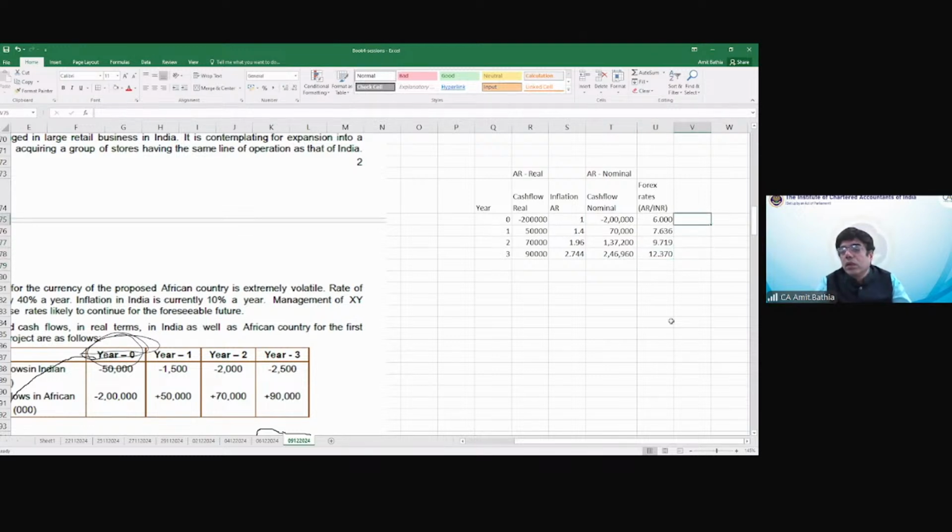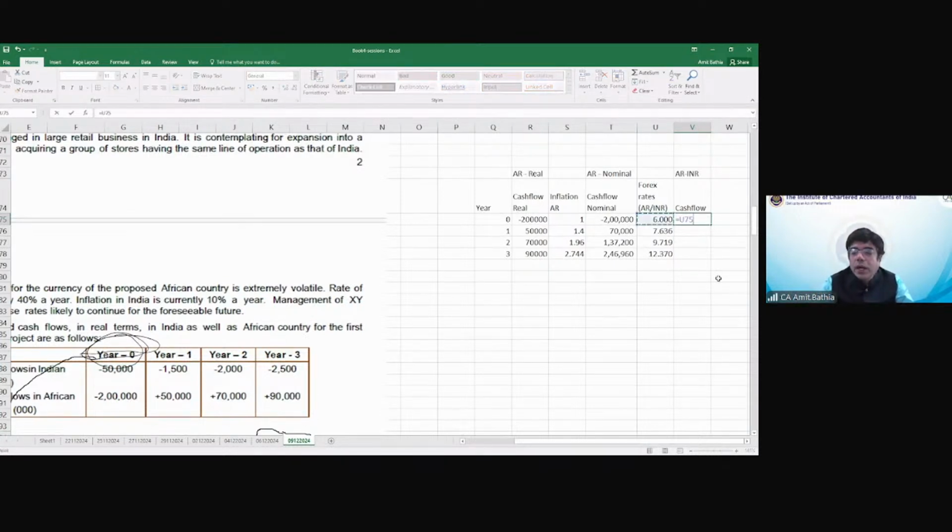Now, I have to convert this from AR to INR. So what is going to be my cash flow? How do I do this? Should I multiply or should I divide? Down the ladder, divide. Up the ladder, multiply. Down the ladder, divide. I am going from AR to INR, so I am going down from numerator to denominator.